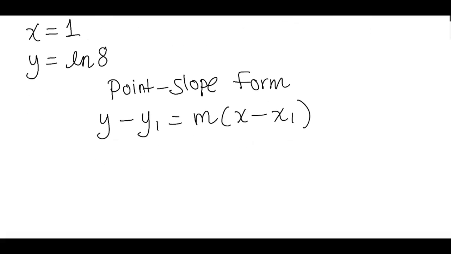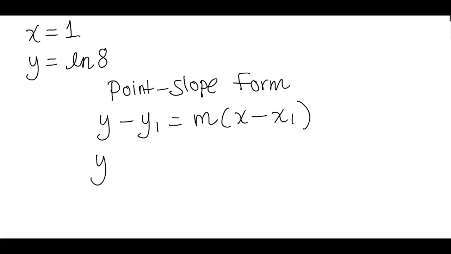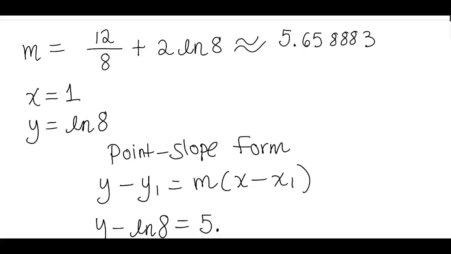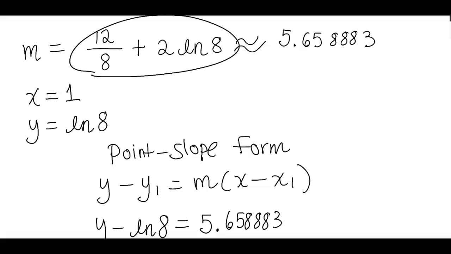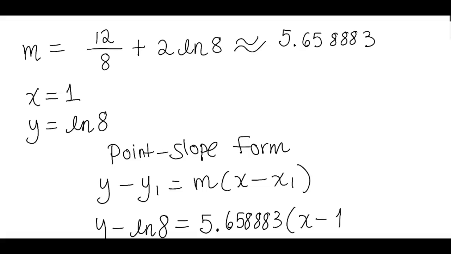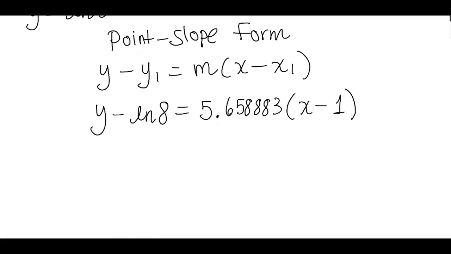All right, let's see what we have. So y minus natural log of 8 equals 5.65883. It's ugly, but it's actually better than this, isn't it? All right, times x minus 1. Okay, so far so good.